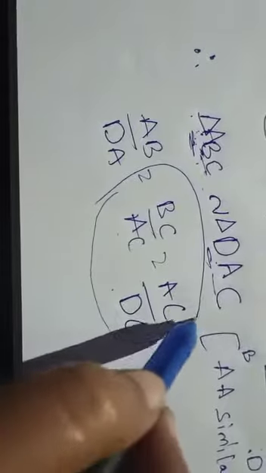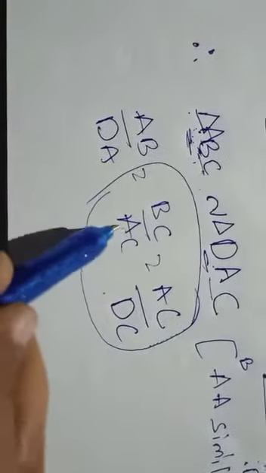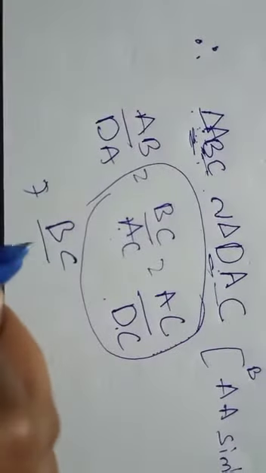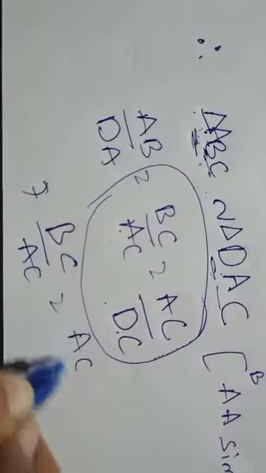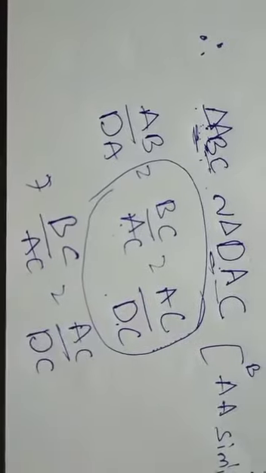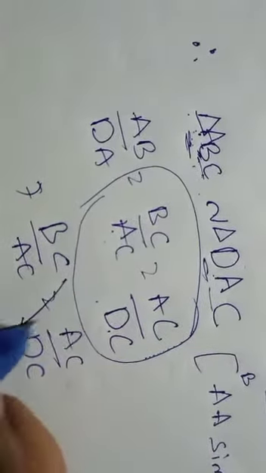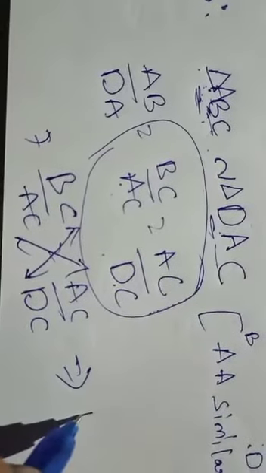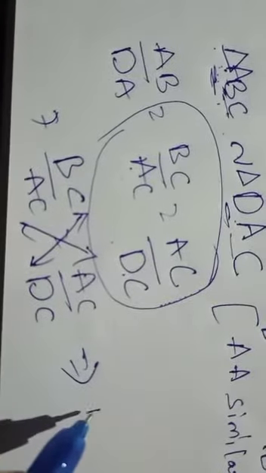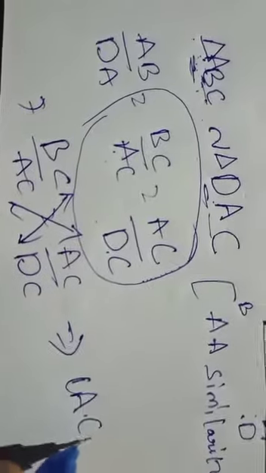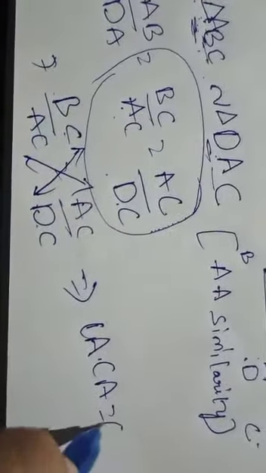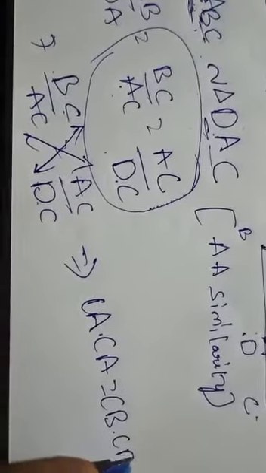Okay, so consider these two ratios. BC by AC equals AC by DC. Okay, cross multiplication. CA into CA equals CB into CD.